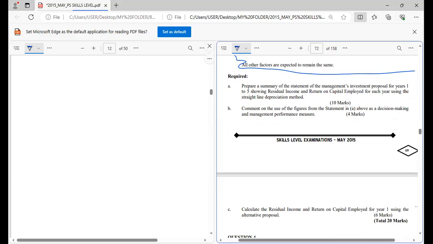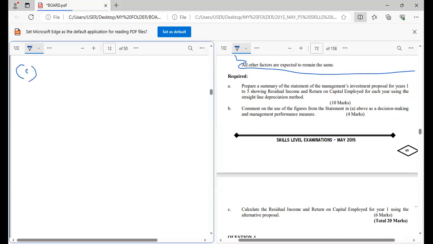For question C, for year 1, you didn't say year 1 to 5. So I repeat the same thing.